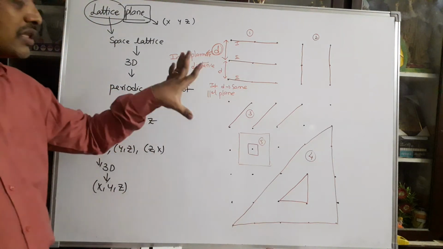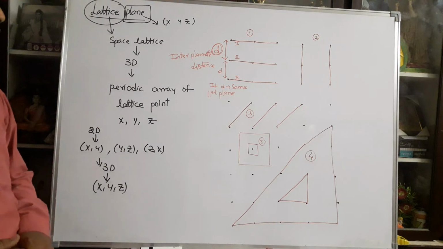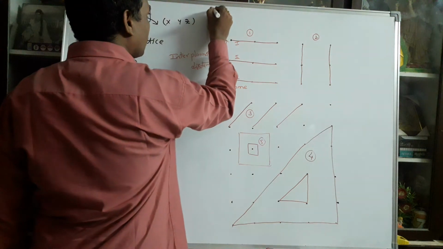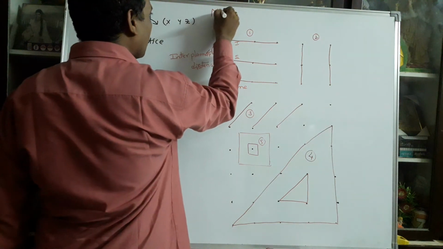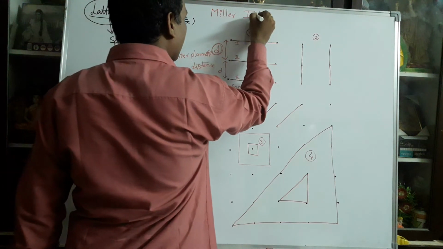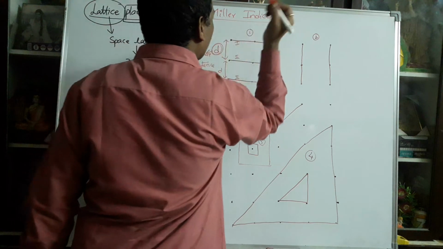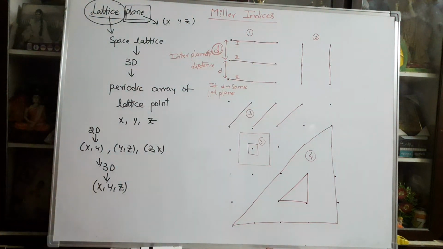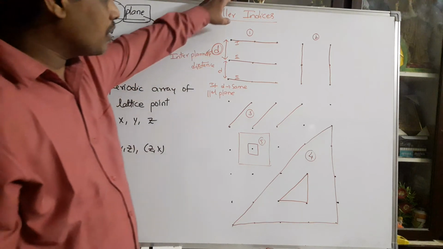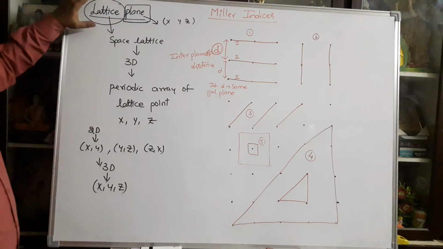Based on these lattice planes, we introduce a new term called Miller indices. That is the present topic. The introduction is mainly based on lattice planes. What is a lattice plane?